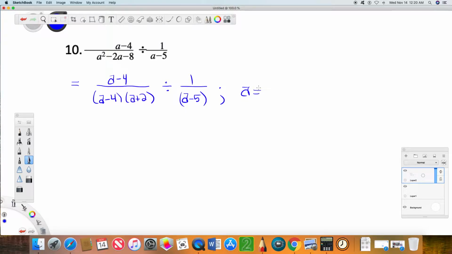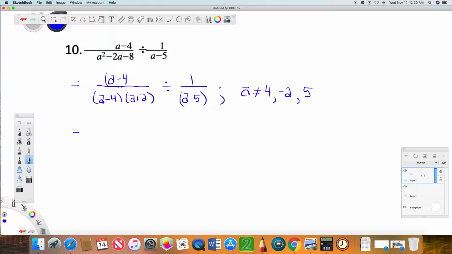So if we look here, if a were allowed to equal 4, you'd have 4 minus 4. Well, that's 0, and anything times 0 is 0. So I have to make sure that a is never equal to 4. Negative 2 plus 2 would also be 0, and I have to make sure that a is never equal to negative 2. If I look at this second fraction, its denominator, I want to make sure it never equals 0, and 5 minus 5 gives me 0, so I want to make sure that a is not equal to 5.